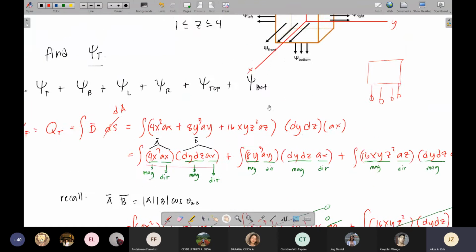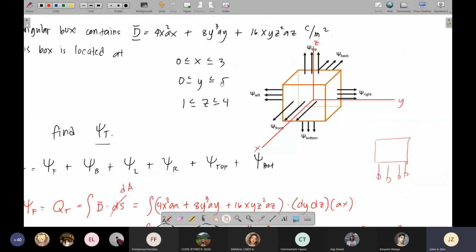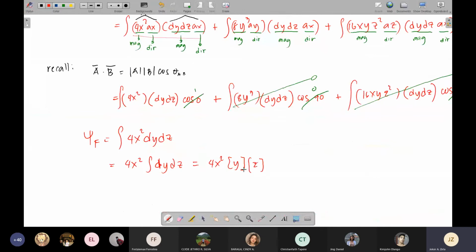Now for the limits: y goes from 0 to 5, and z goes from 1 to 4. So this becomes 4x squared times 5 minus 0 times 4 minus 1. Take note, this becomes 5 and this becomes 3.